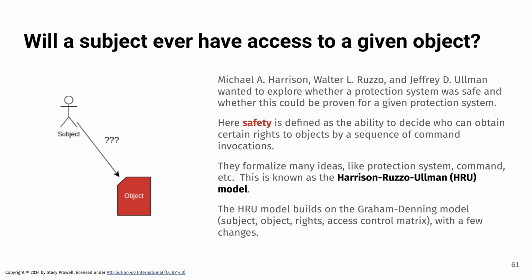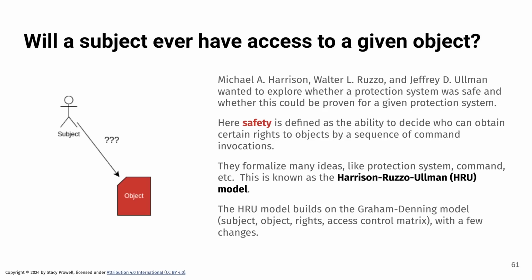So you can imagine they're going to come to this problem with that same degree of, let's pin everything down and let's actually explore the space using the discrete math of computing. And that's what they do. The HRU model is a fairly simple but very formal model.